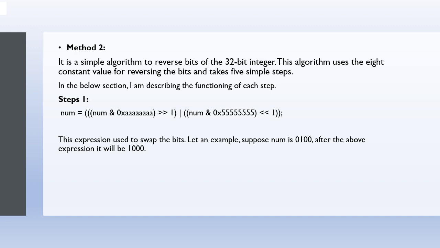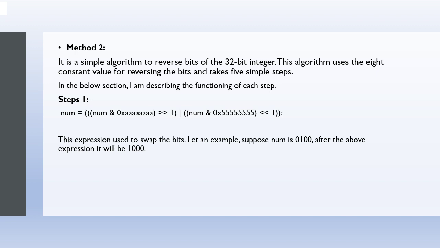So these two are complement masks, you can say. This is the first expression used to swap the bits. For example, suppose num equal to 0 1 0 0. After the above expression, it will be 1 0 0 0, right?